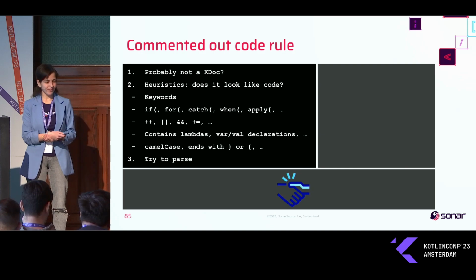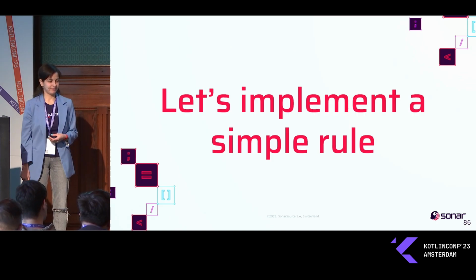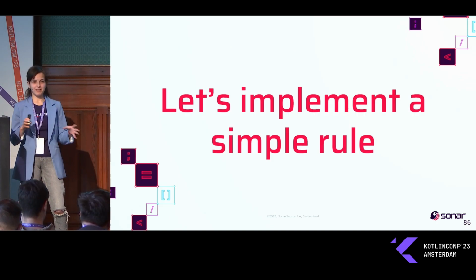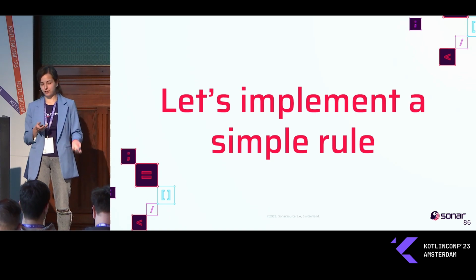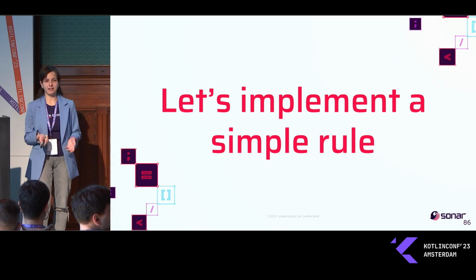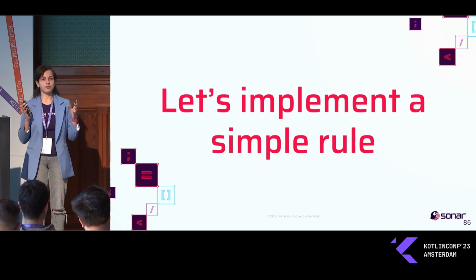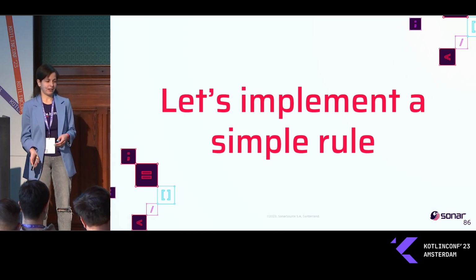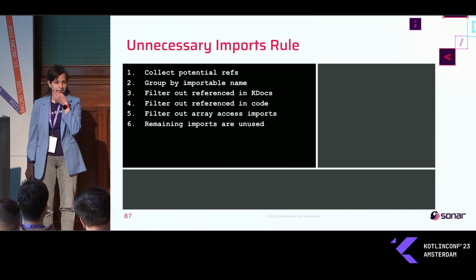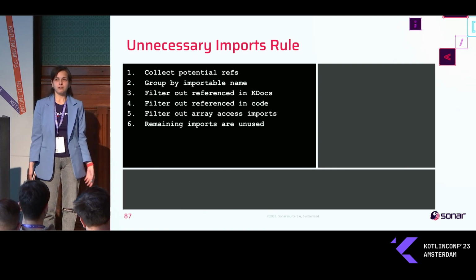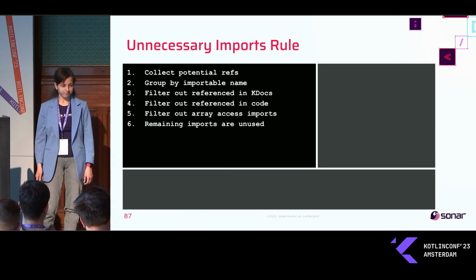community. And yeah. Okay, now you know some basic stuff about how we can implement some rules, how static analysis works. So let's just for fun implement a simple rule. The most simple, stupid rule I had in my head was the unused import rule. So how can we actually implement this?